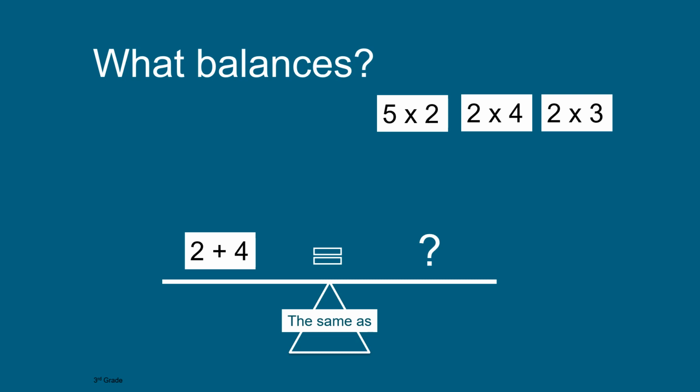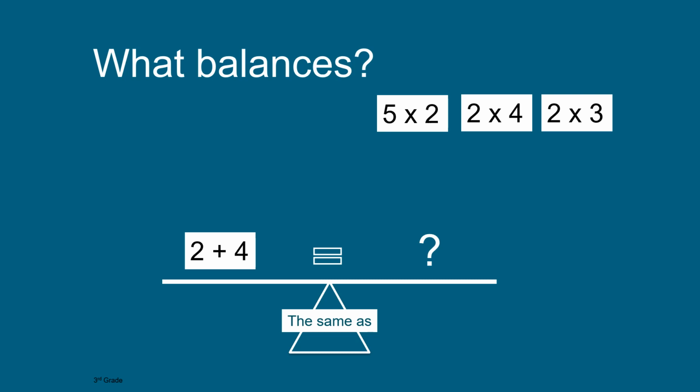What is the same as or balanced with 2 plus 4? Well, first of all, what is 2 plus 4? Did you say 6? Good for you. So now which of those choices would balance with 2 plus 4?